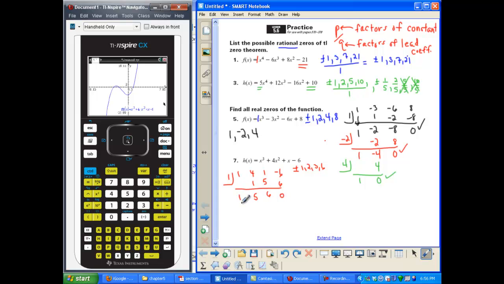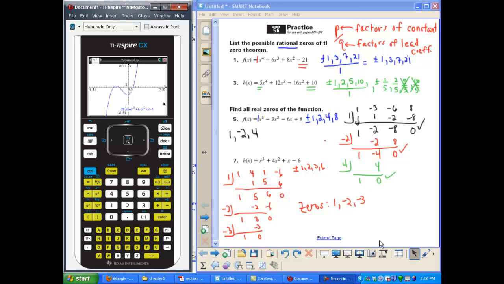Now we think it crosses at what? -2? 1, -2, 3, -6, 0. And we also think it crosses at -3. Last one. Check. So my zeros are 1, -2, and -3. Good job. That was huge.